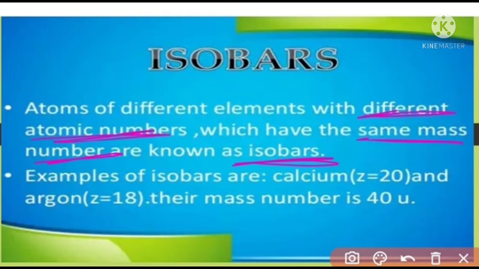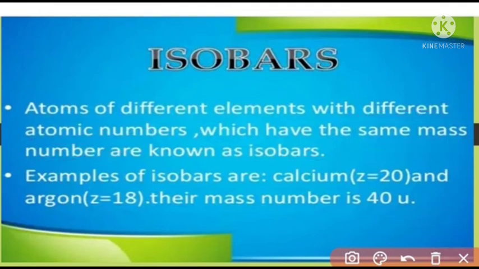So it is totally different from isotopes. Isotopes have the same atomic number and different atomic mass, but isobars have different atomic numbers and the same atomic mass or mass number.